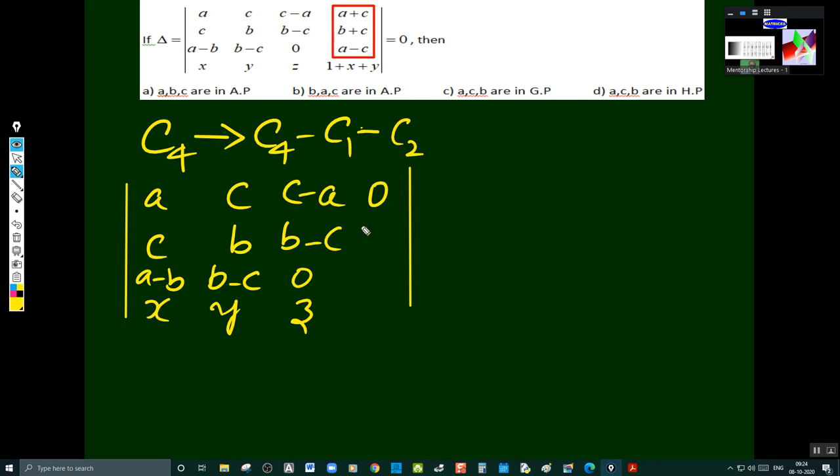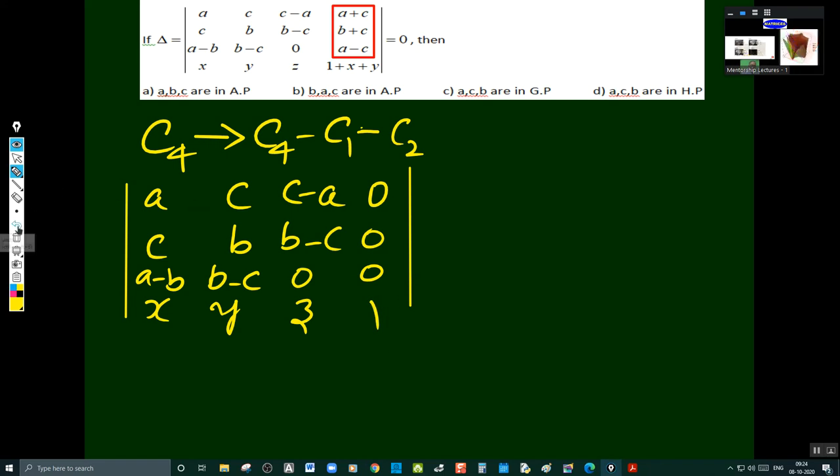B plus C minus B, 0. A minus C minus A getting cancelled. Minus plus B minus B getting cancelled. So minus C and minus of minus C plus C, that becomes 0. Correct or not? Now what about the last term here? 1 plus x 1, you will have 1 there.